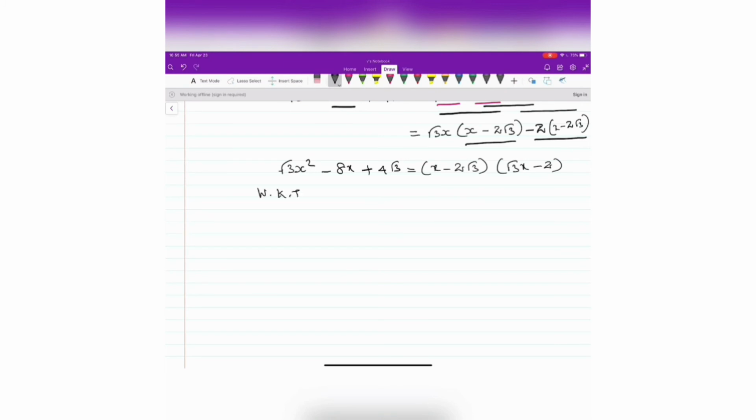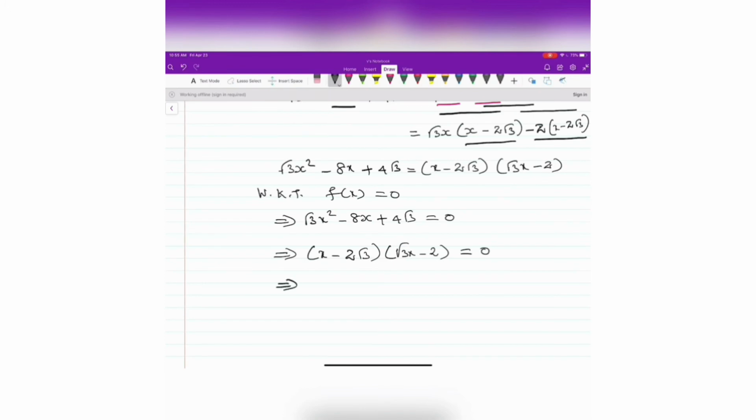We know that here f of x equal to 0 implies root 3x square minus 8x plus 4 root 3 should be equal to 0, which is nothing but, just now we got, root 3x square minus 8x plus 4 root 3 as x minus 2 root 3 into root 3x minus 2 is equal to 0.